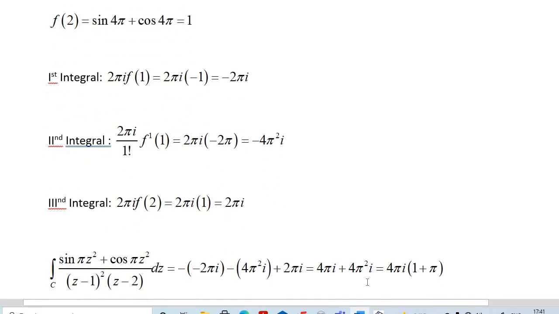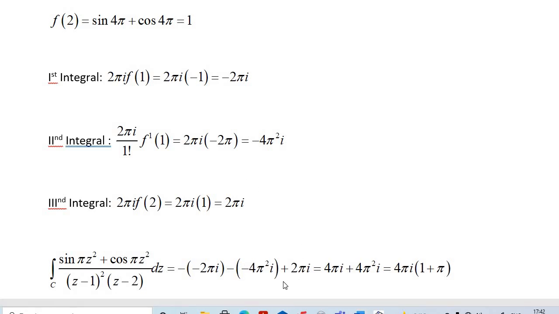The last integration value is 2πi. Here I can observe minus times minus is plus. That means 2πi + 2πi is 4πi. Minus times minus is plus, so 4π²i. Take common 4πi, and write down the remaining terms. So this is the value of the given integration.